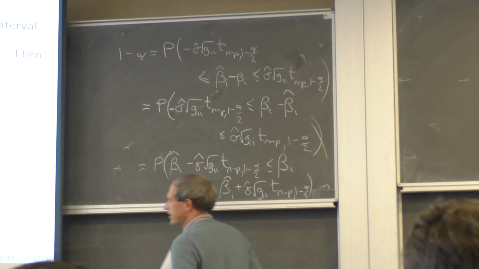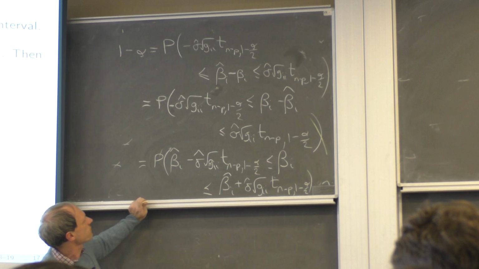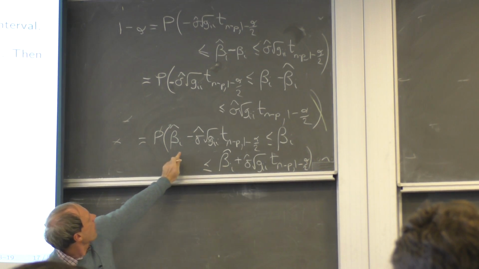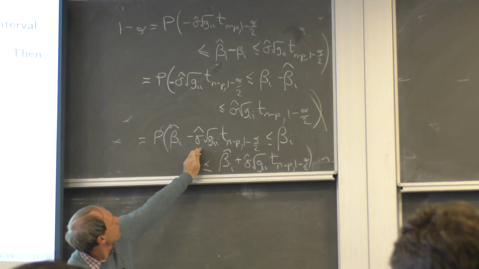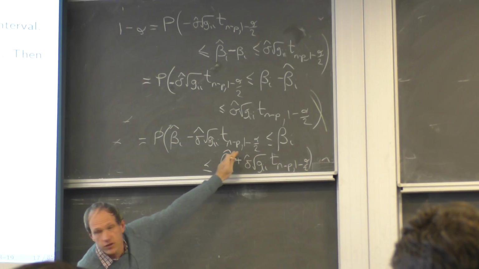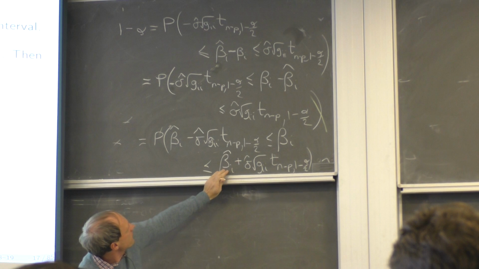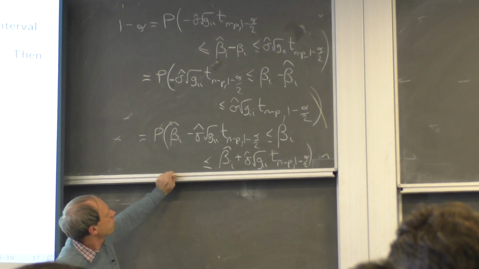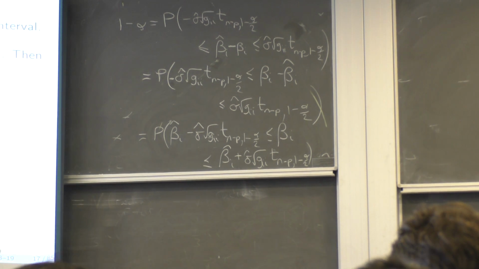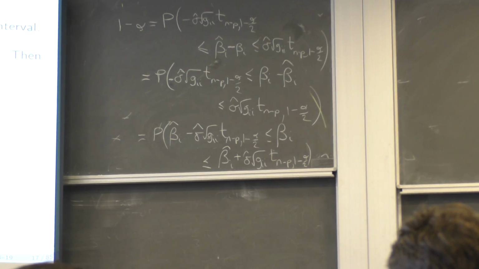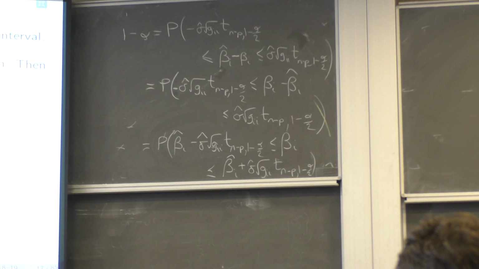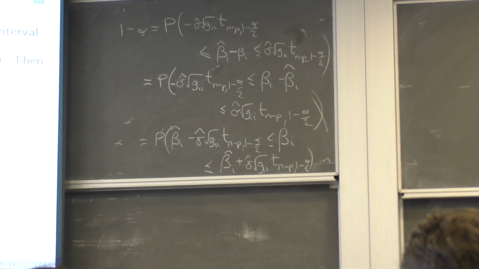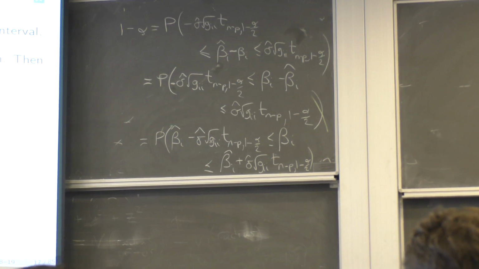So that 1 minus alpha turns out to be the same thing as the probability that our beta i is between beta hat i minus sigma hat root g_ii times the quantile and beta hat i plus sigma hat root g_ii times the quantile. Now remember that beta hat is actually the random variable here. As usual with confidence intervals, you need to be a little bit careful about remembering what is the random variable and what is not.